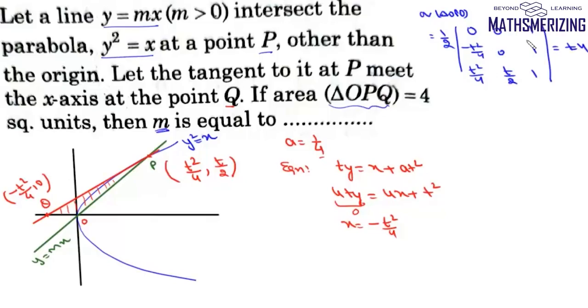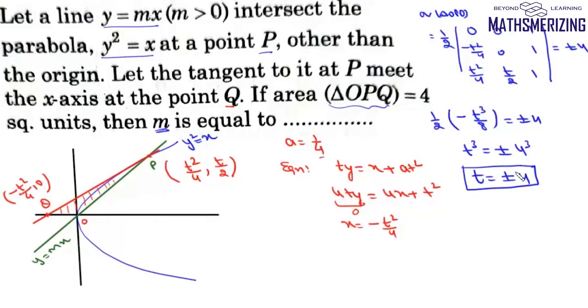So we'll expand about this first row. We'll get 1 by 2 and then minus t cube upon 8, and this is plus or minus 4. We can write t cube as plus or minus 64, which is 4 cube. So that means value of t is either plus 4 or minus 4.